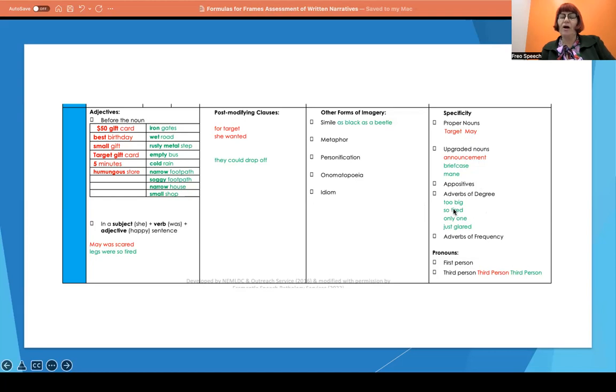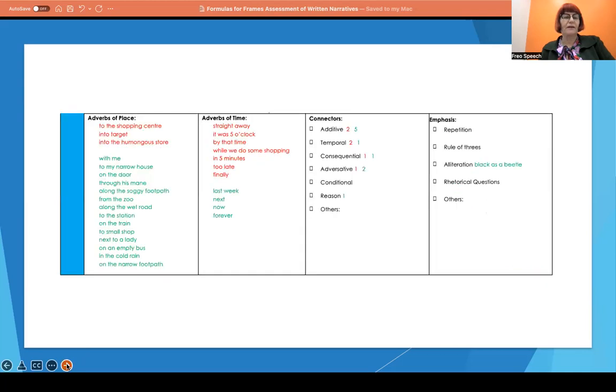Adverbs of degree, only these four came out of the second, and in both it was third person. Adverbs of place, so she's got preposition determiner noun, but also preposition determiner adjective noun: to my narrow house, along the soggy footpath, along the wet road, on the narrow footpath.